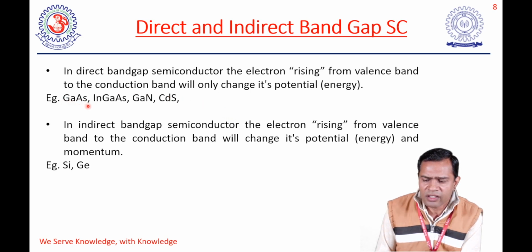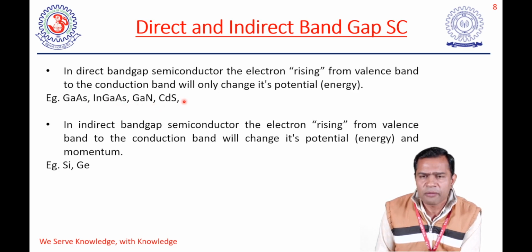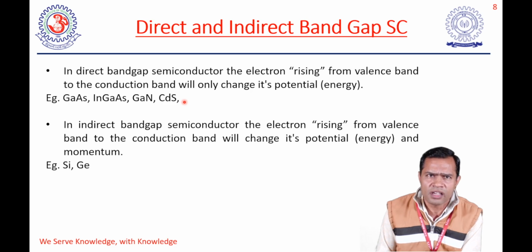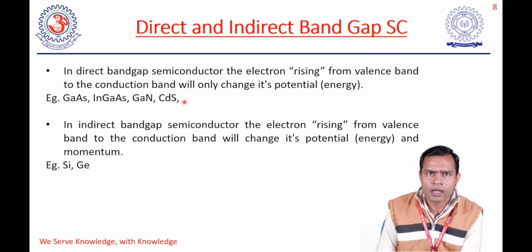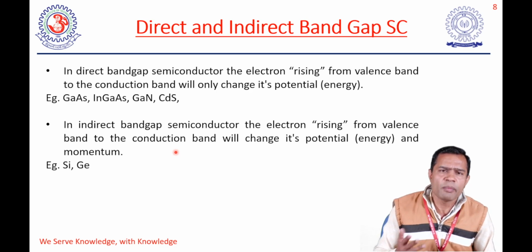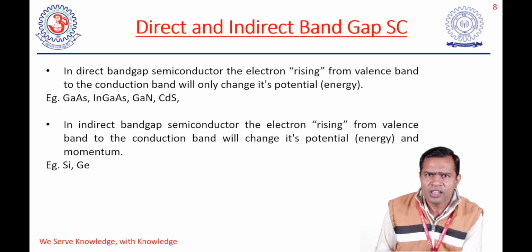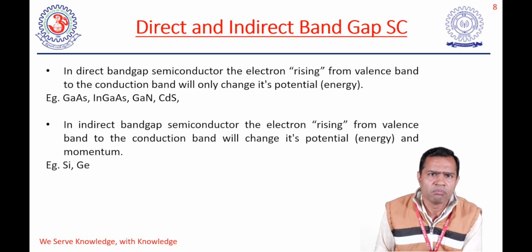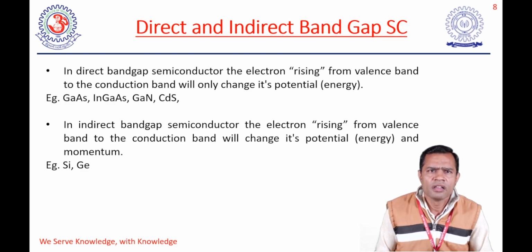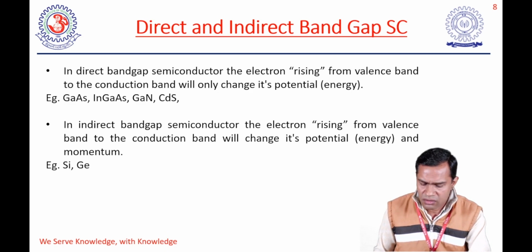Examples are gallium arsenide, indium gallium arsenide, gallium nitride, cadmium sulfide, which are compounds. Now in an indirect band gap semiconductor, when an electron jumps from the valence band to the conduction band, both potential energy and momentum change. Examples are silicon and germanium. So silicon is our desired semiconductor material.